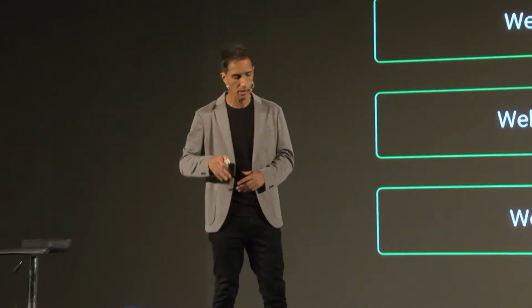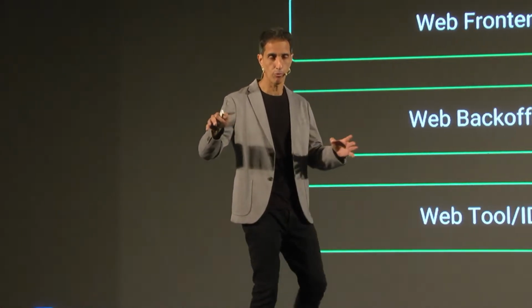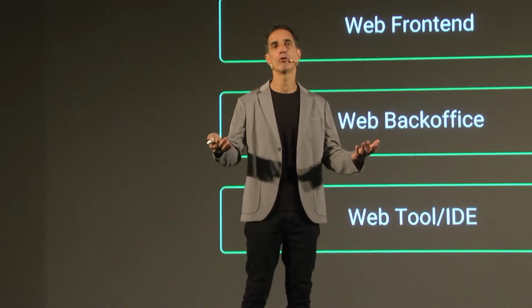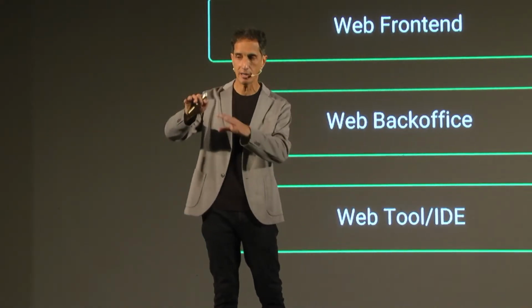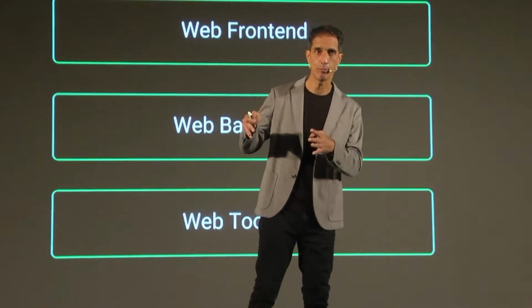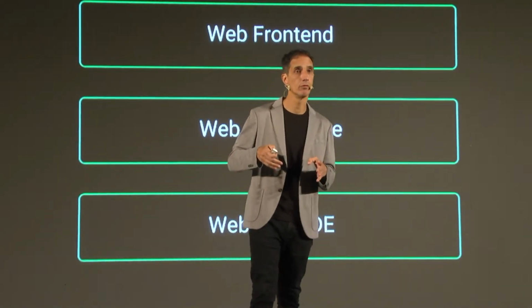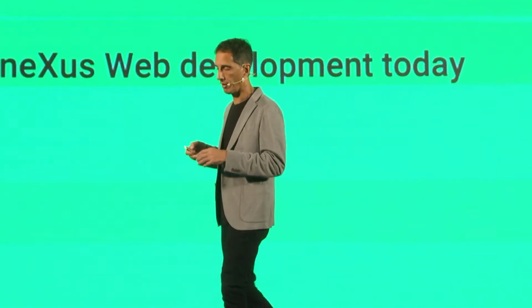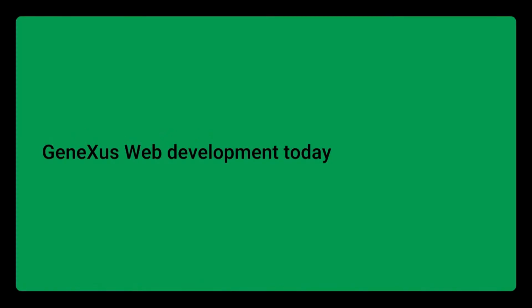So after this introduction, how do we fit our web generators in GeneXus into these categories? What I mean is, how can we make this type of apps in GeneXus? So where are we right now in GeneXus Web? We've got two generators.